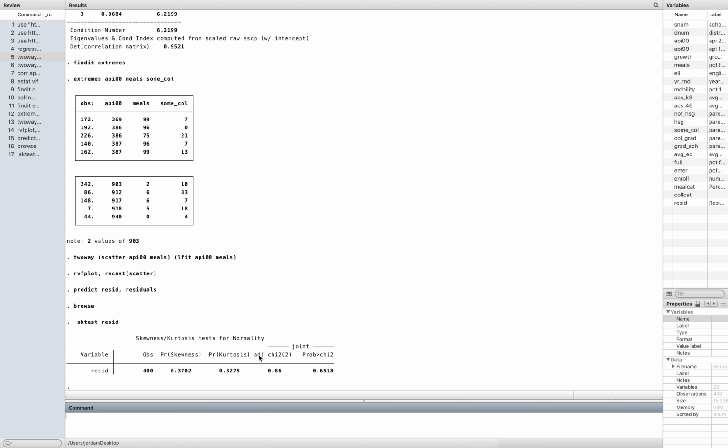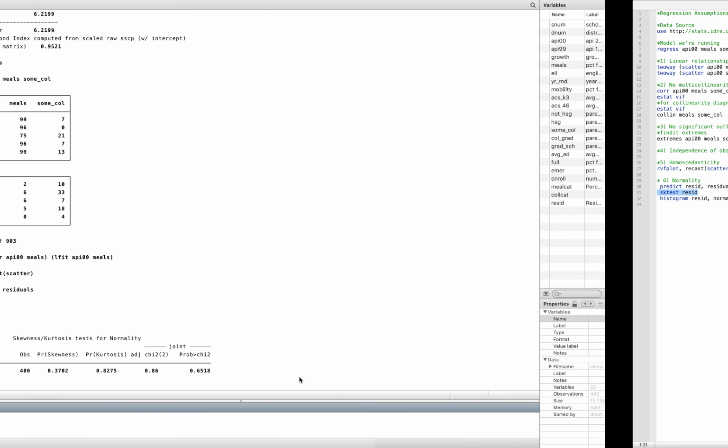With the kurtosis, same type of thing. It looks at the peak, so you do not want significance there also. If you look at your significance level here, you'll see that it's above 0.05. So you're good. You are okay.